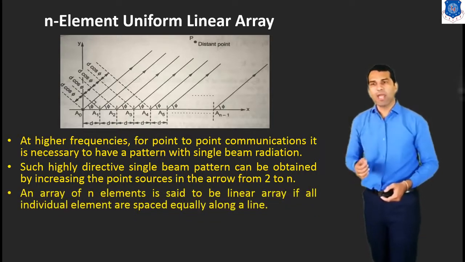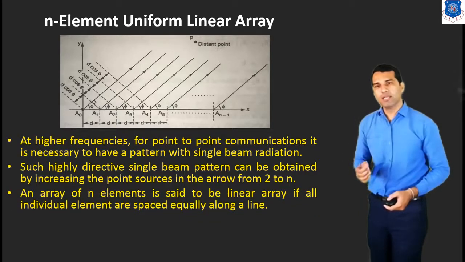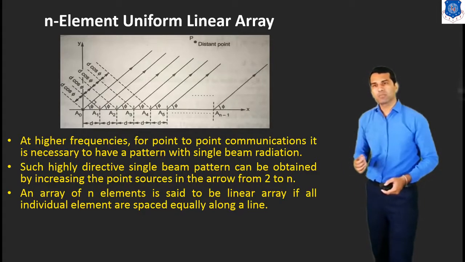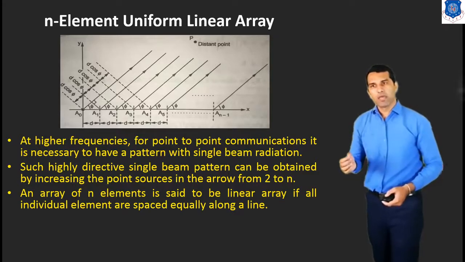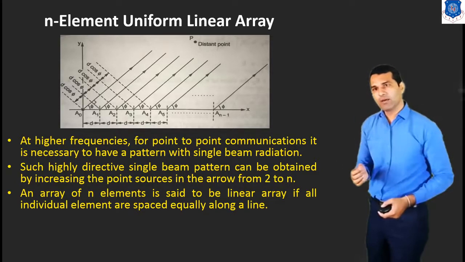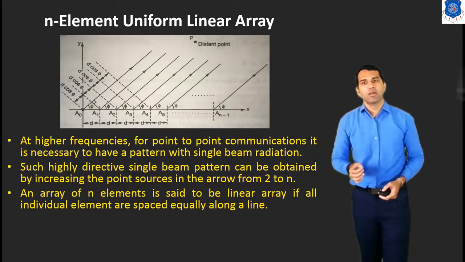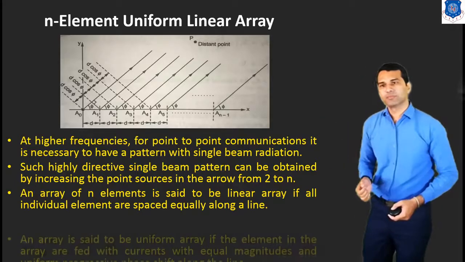An array of n elements is said to be a linear array if all individual elements are spaced equally along a line. So the array is known as a linear array when the separation between two elements is equal throughout the array.